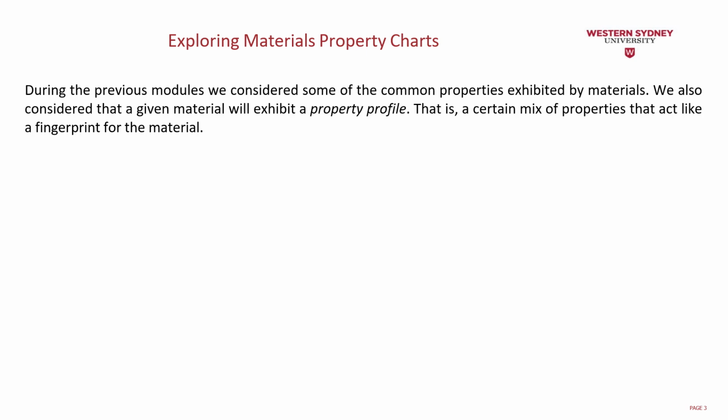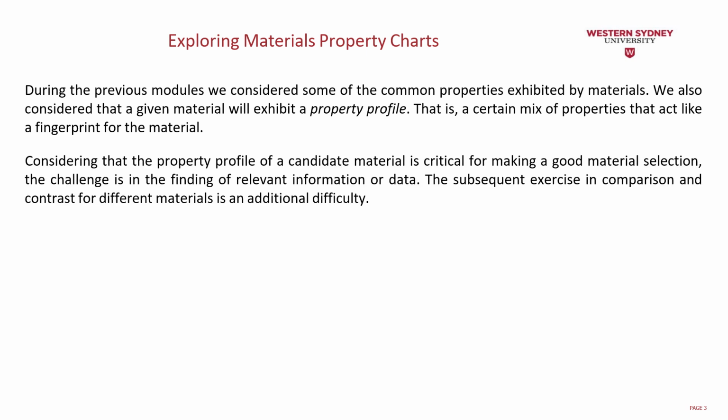During the previous modules, we considered some of the common properties accepted by the material, and we also considered that a given material has a property profile, which is a certain mix of properties that act like a fingerprint of the material.